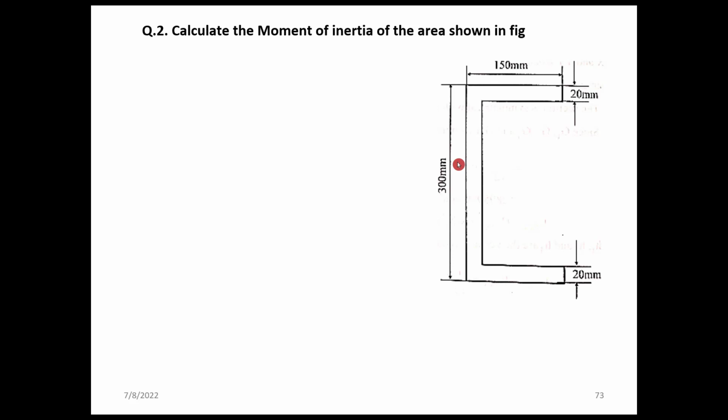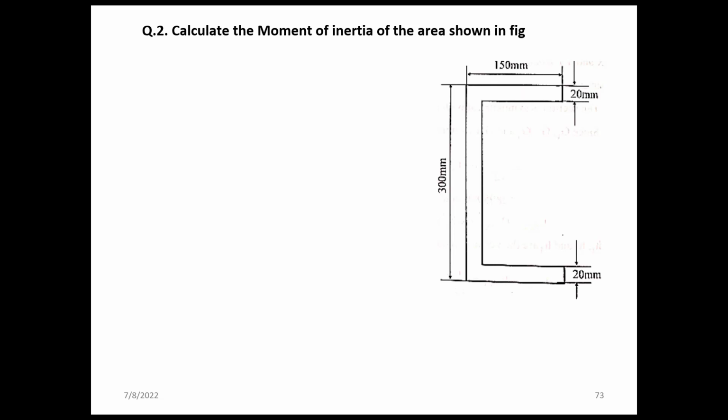Calculate the moment of inertia of the area shown in the figure. Here 150 is the width, total depth 300, thickness 20, 20. The first thing to come into your mind is that you have to divide this into single independent areas. Whether you divide this into 2, 3 or 4 areas, it entirely depends on you.